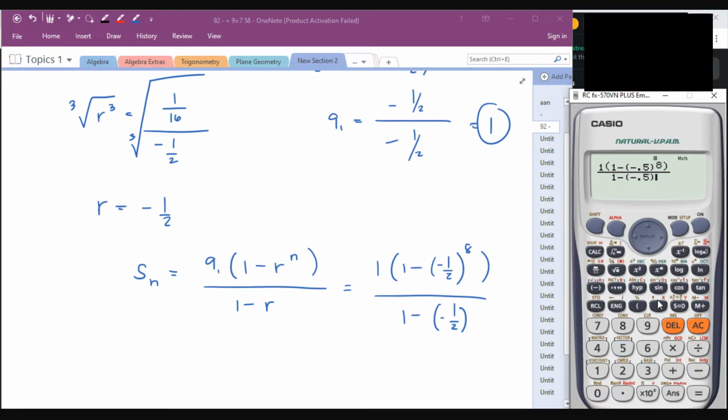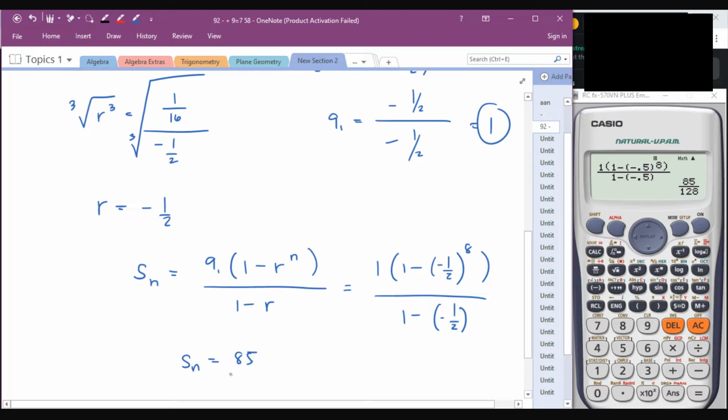So, the answer will be the sum. The sum is 85 over 128. Sum of all the terms.